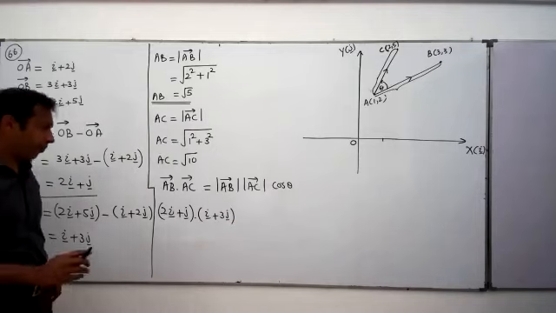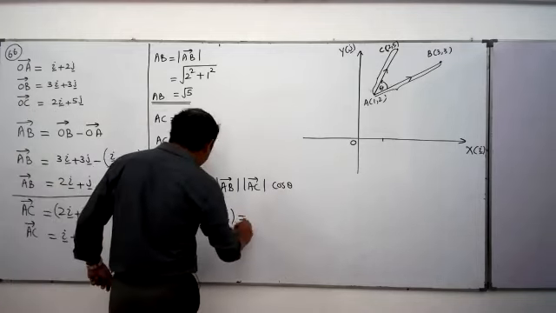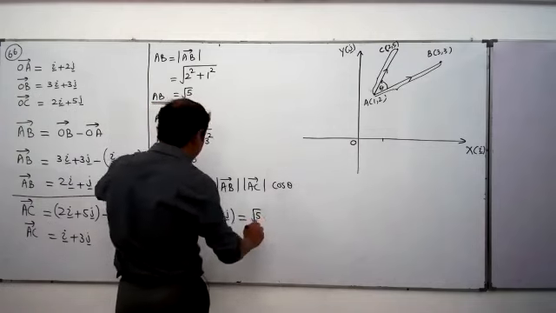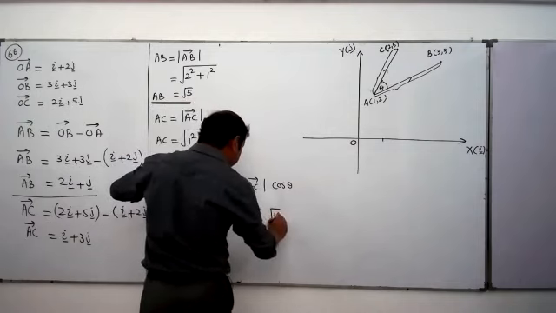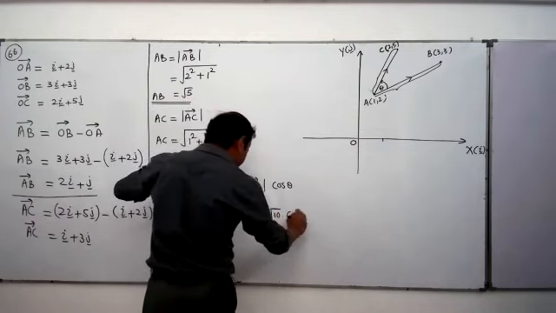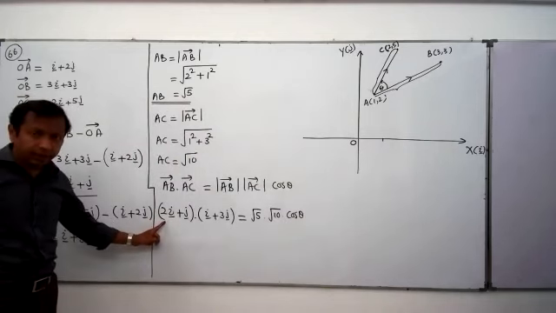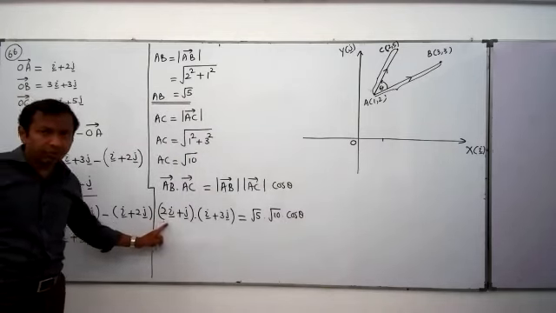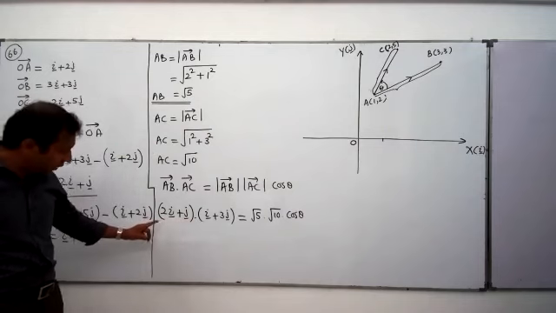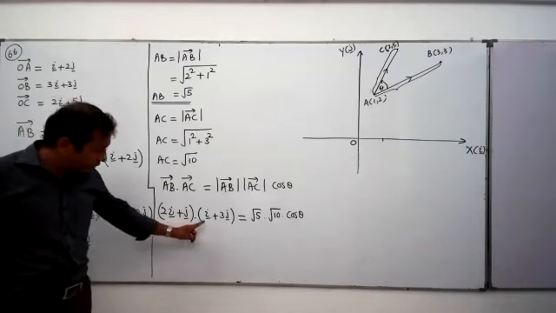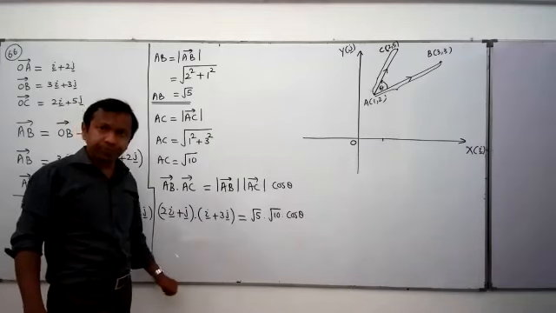Okay, right. Now AB vector modulus is going to be this AB length, root 5, AC root 10, cos theta. And I can take the dot product between these two vectors. You can very clearly see here, this vector having ij, this vector also having ij.